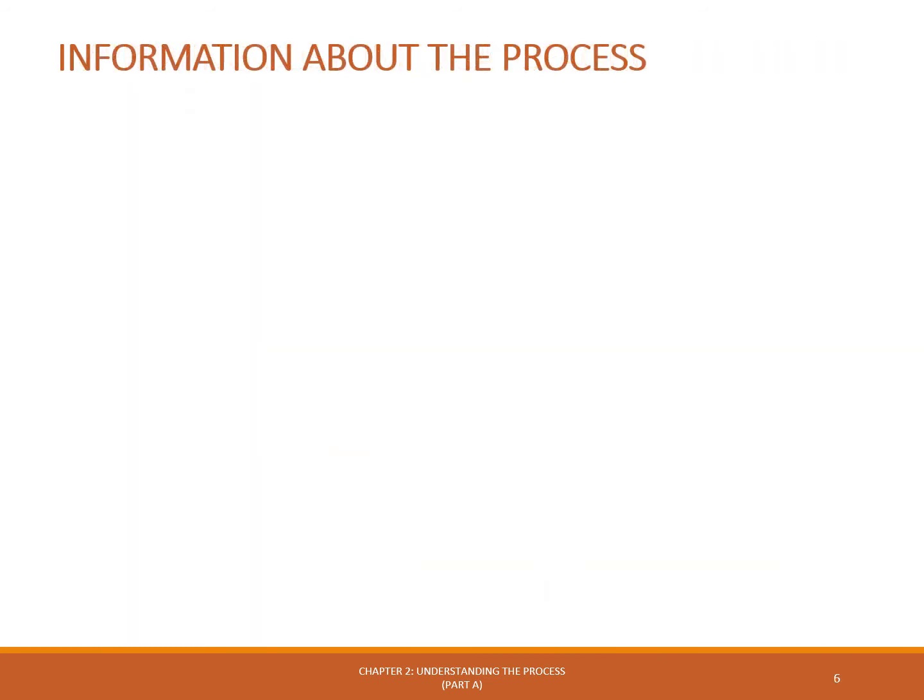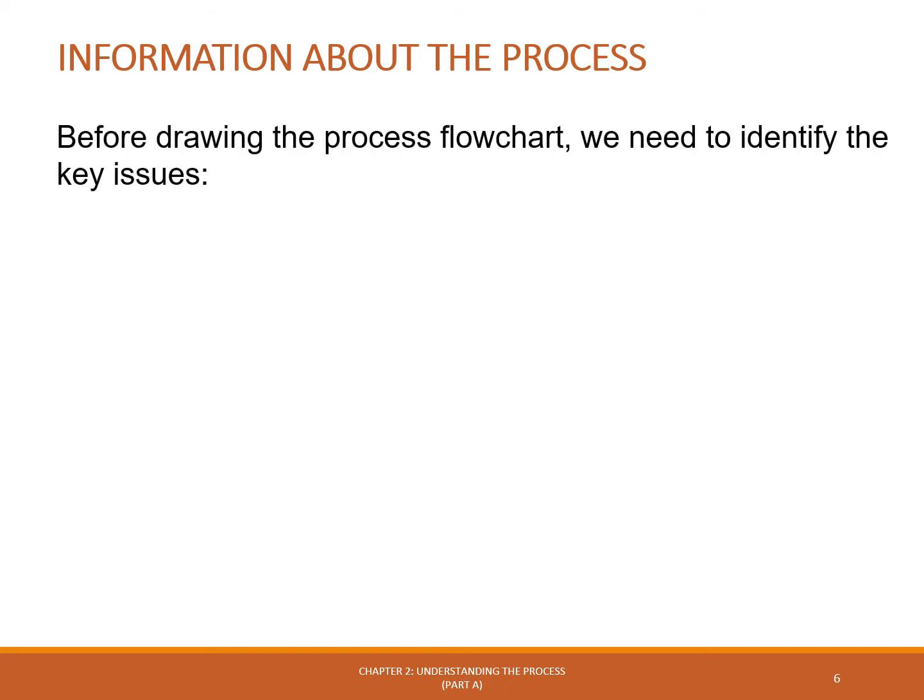Now, let's understand how we define and collect information about the process. As we saw in the previous chapter, flowcharts are the best tools available to understand the step-by-step of a process. So they are one of the first things we need to build. But before we start drawing flowcharts, we have to be able to identify the following key issues.